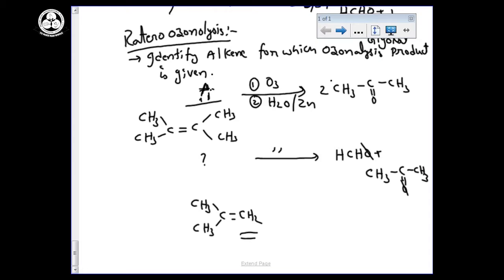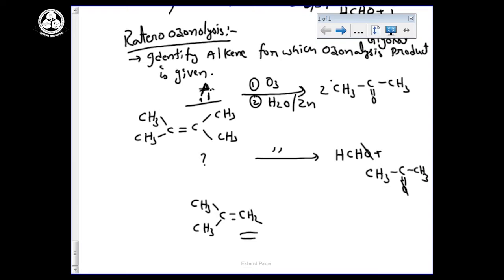So once again I am repeating, students. Addition reactions very important. Addition of hydrogen, addition of water, addition of hydrogen halide, addition of halogen. Now we are seeing ozonolysis and retro-ozonolysis. Same mechanism we can follow for the addition of hypohalous acid and addition of sulfuric acid also.